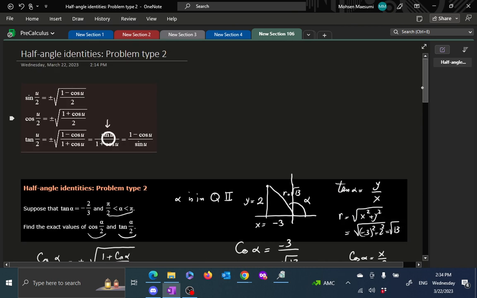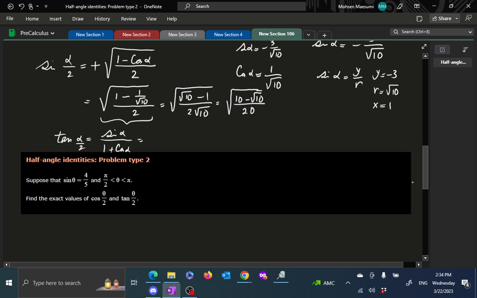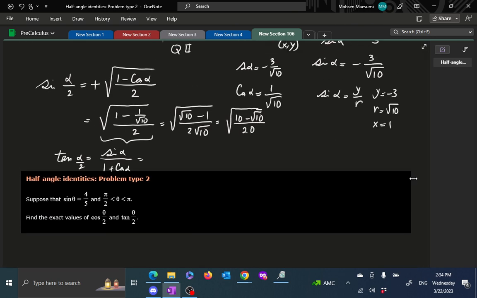Again, we are using this formula, sine over 1 plus cosine. So sine minus 3 over radical 10 over 1 plus cosine 1 over radical 10, multiplied by radical 10, it becomes minus 3, and I get radical 10 plus 1.